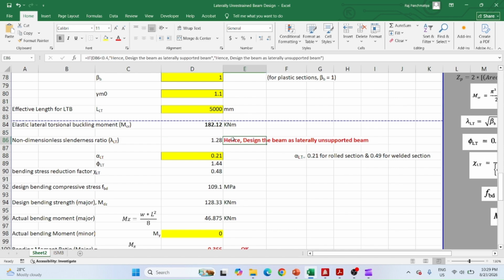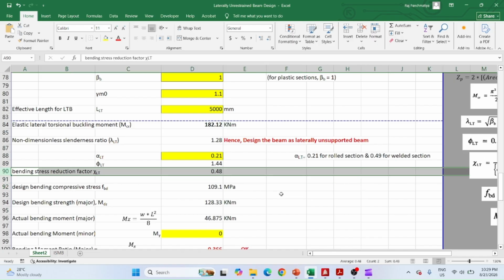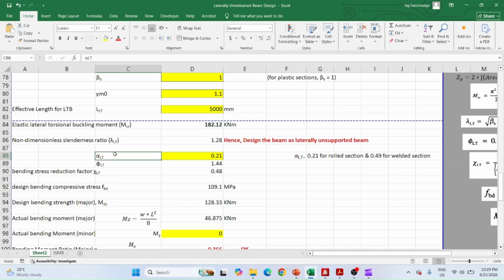As you already know from the previous video, if my lambda LT value is more than 0.4, then we must design the beam as laterally unsupported, and in this case we need to calculate the bending stress reduction factor, chi LT. To calculate chi LT, firstly we need the value of alpha LT. Since our section is a rolled section, the value of alpha LT is 0.21.